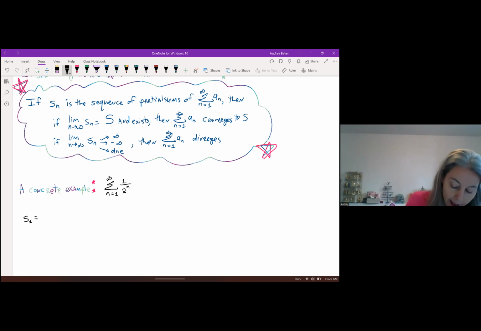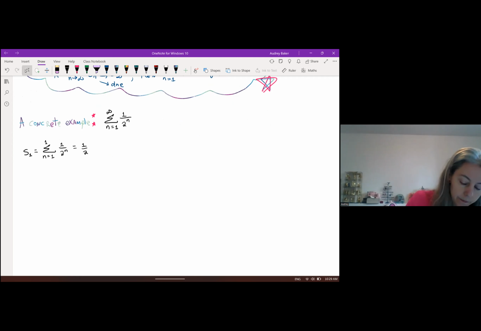Well, that's just a half. S sub 2 will be the sum n equals 1 to 2 of 1 over 2 to the n. Well, that's going to be 1/2 plus 1/4, which is equal to 3/4.